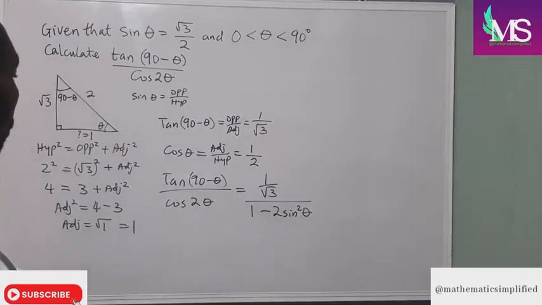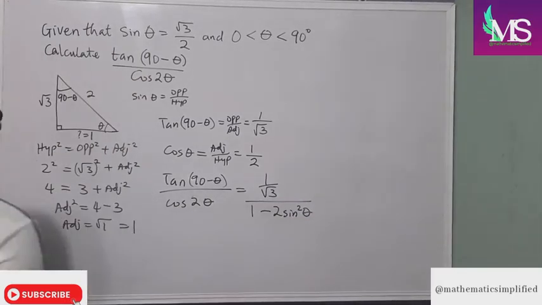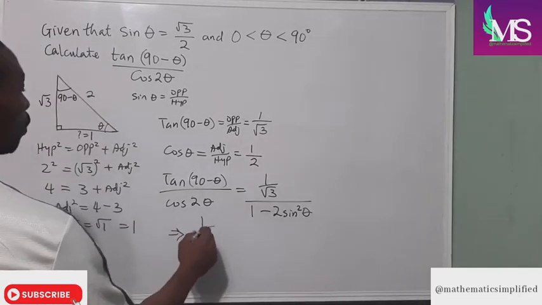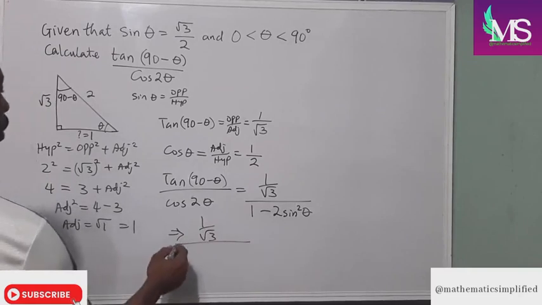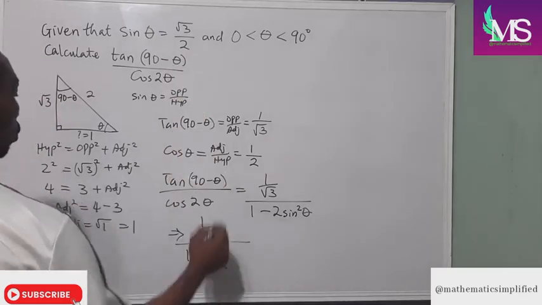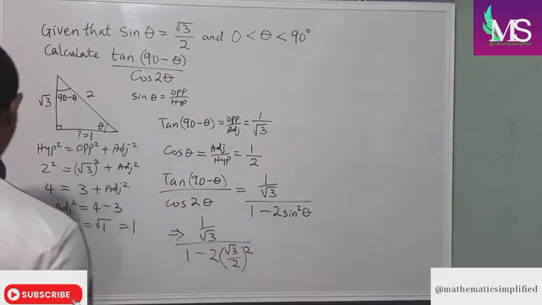Now, inputting our value for sine theta, this becomes 1 over root 3 all over 1 minus 2, bracket open, root 3 over 2 squared.